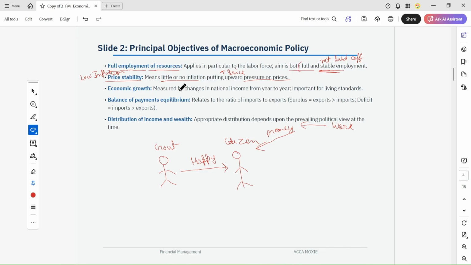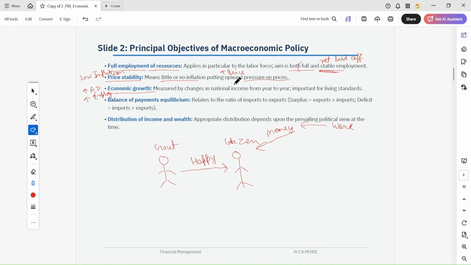Next is economic growth. Another objective of the government is economic growth. When the economy grows, aggregate demand will grow, and when aggregate demand grows, employment increases. Increased employment means people will get more money, and ultimately they will be happy.